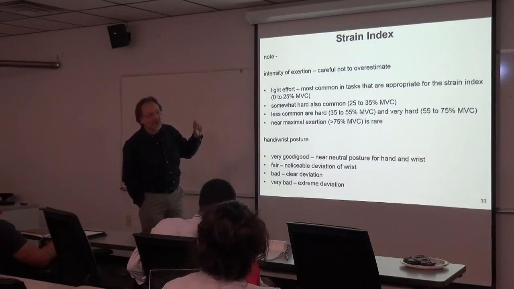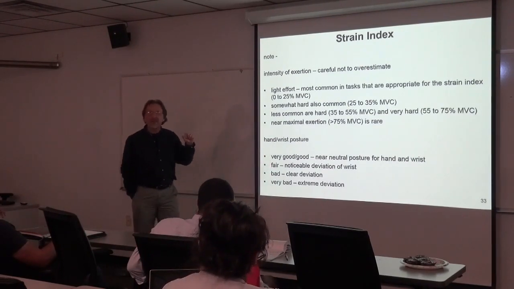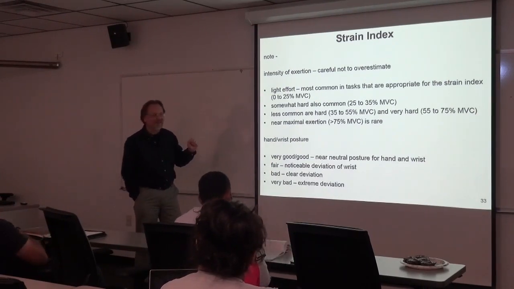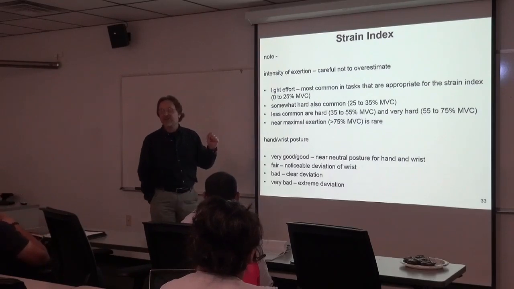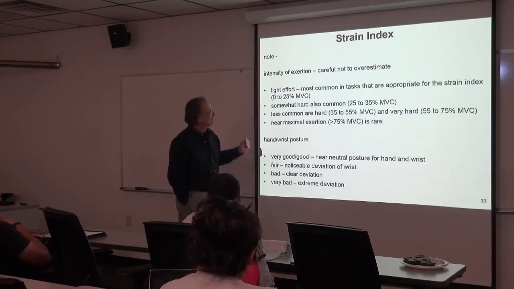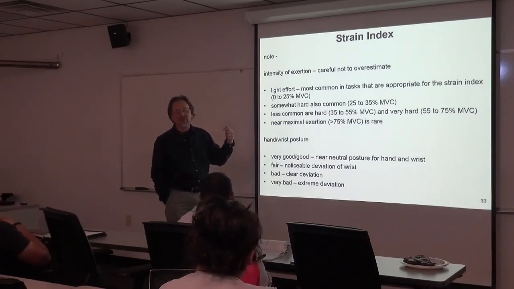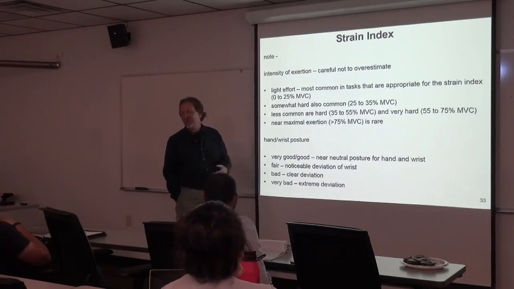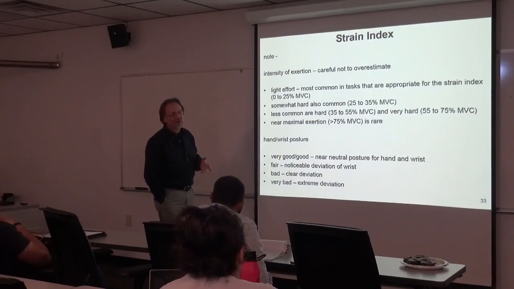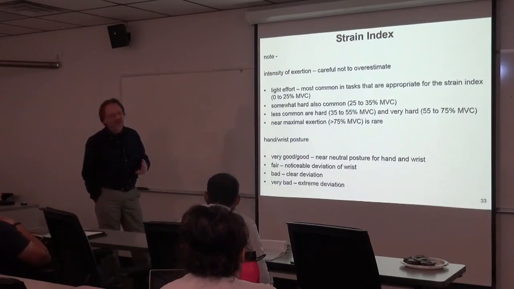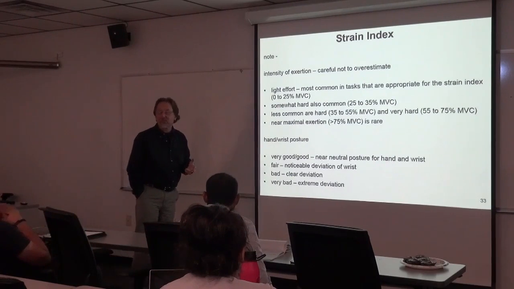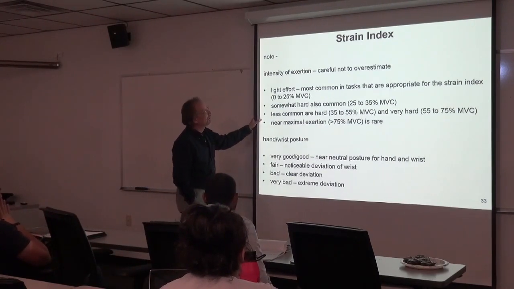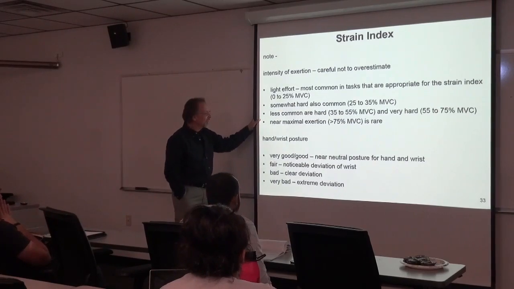You would have to measure the maximum amount of force that they are capable of pressing or squeezing or whatever the task is, and then measure the amount of force that's required to do their task. And take that force that's required over their maximum force, multiply it by 100, and you do this. That's kind of hard to do in most workplaces. It's possible, it's not impossible to do, but that's a major undertaking. That's the way you determine the intensity of exertion.